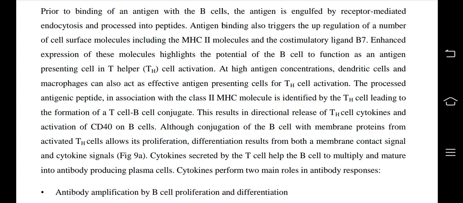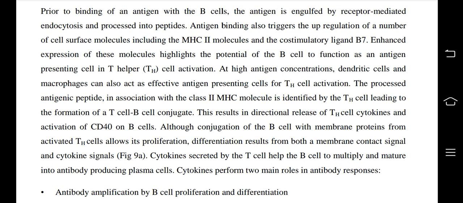The processed antigenic peptide in association with the class II MHC molecule is identified by the Th cell, leading to the formation of a T cell B cell conjugate. This results in directional release of Th cell cytokines and activation of CD40 on B cells. Although conjugation of a B cell with membrane proteins from activated Th cells allows its proliferation, differentiation results from both the membrane contact signal and cytokine signals.